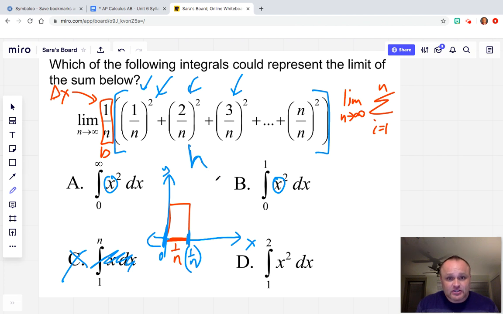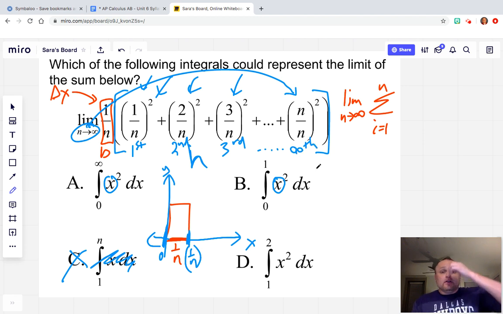Again, h is for y. All of this is the changing y value. This is the first rectangle's y value, this is the second rectangle's y value, this is the third rectangle's y value, all the way to the infinite one, because this is going to be the infinite y value squared.